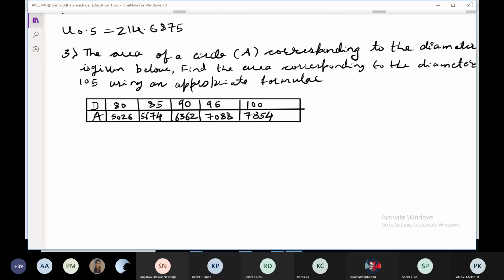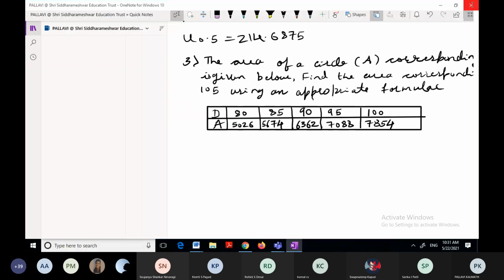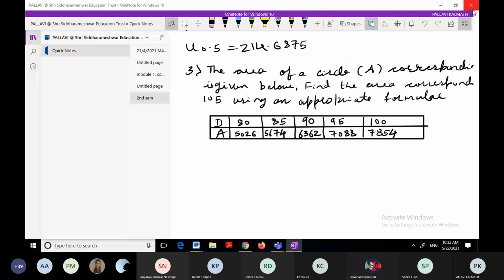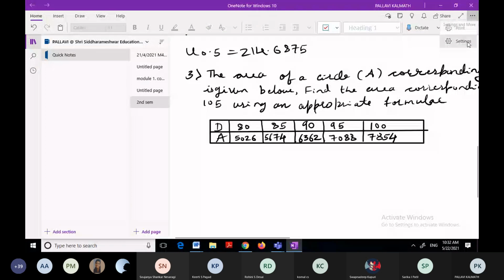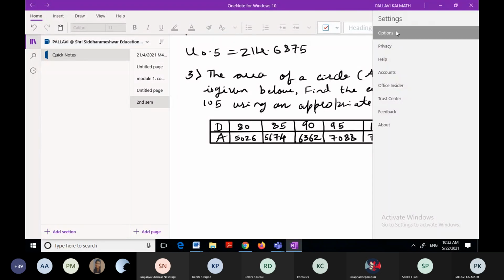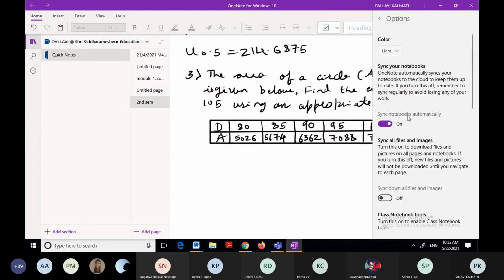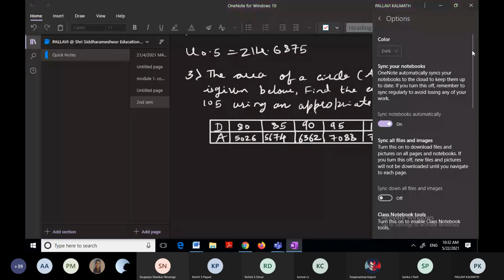Have you noted the question? Yes, ma'am. Okay, so what is the question actually? Tell me. Read the question clearly. See whether this black and white is okay or white and black is okay for you, the screen.